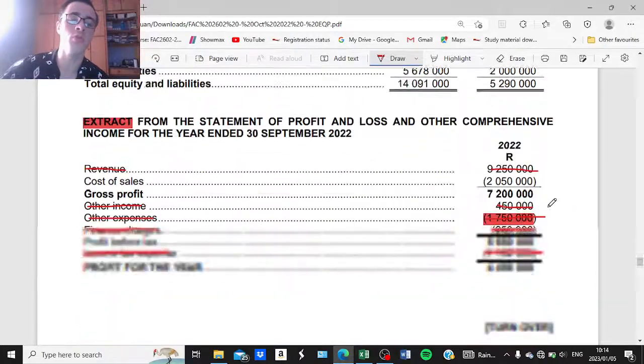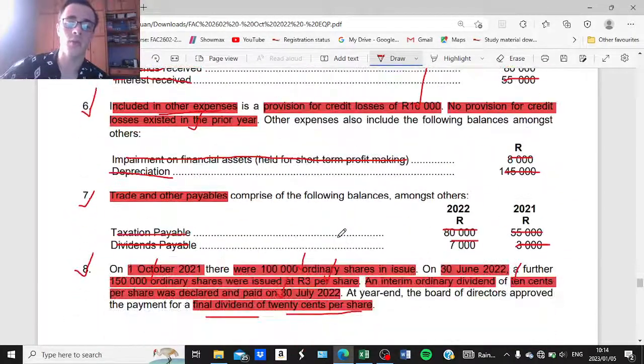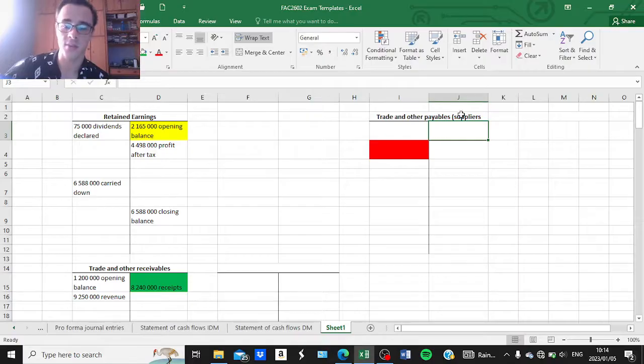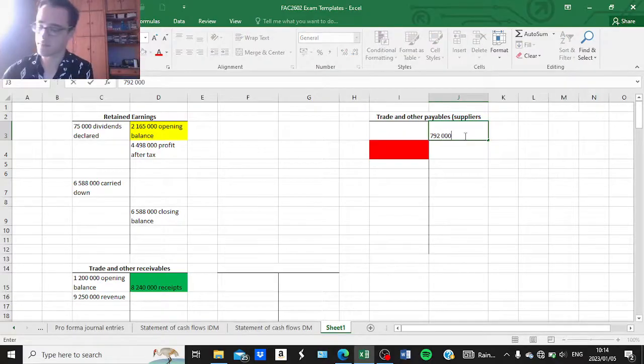And then we need to remove the opening balance for taxation payable, which was 55,000. And we also need to remove the opening balance for dividends payable because it is part of the 850,000. Right. So the opening balance for the trade and other payables general ledger account, suppliers only, is 792,000. Okay, credit balance.